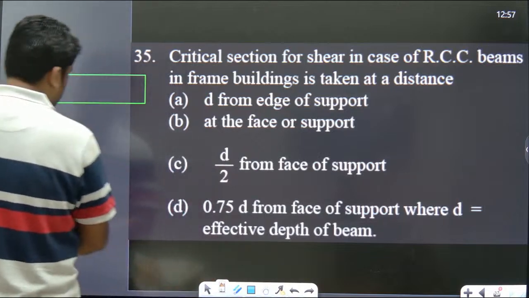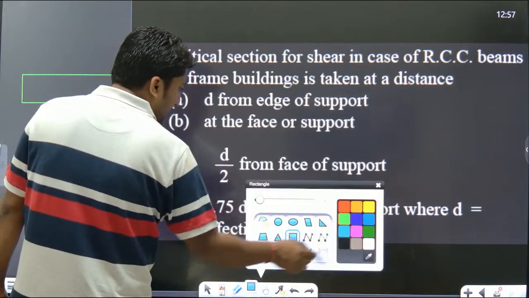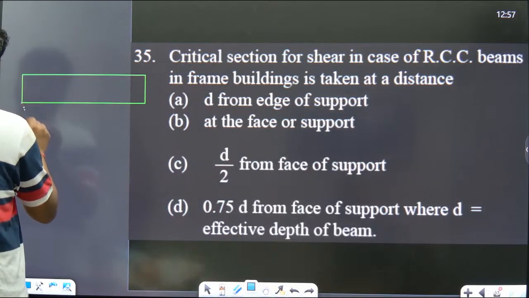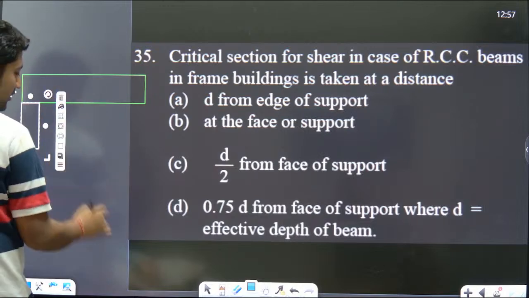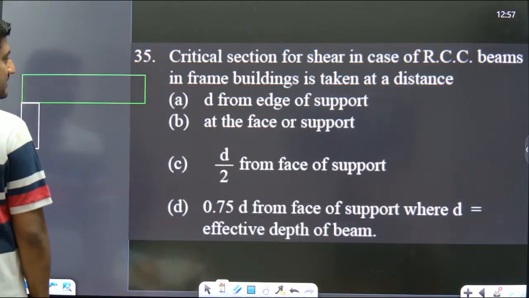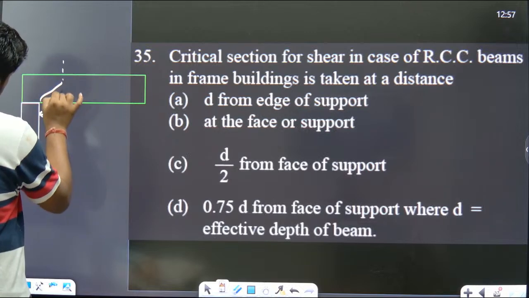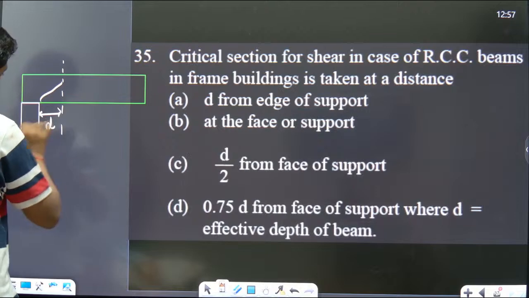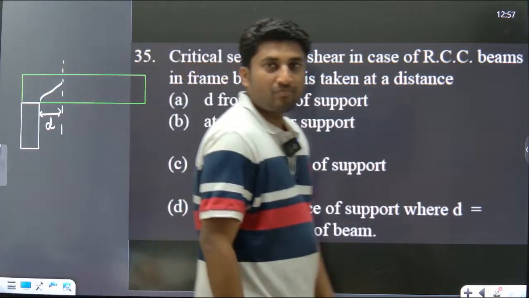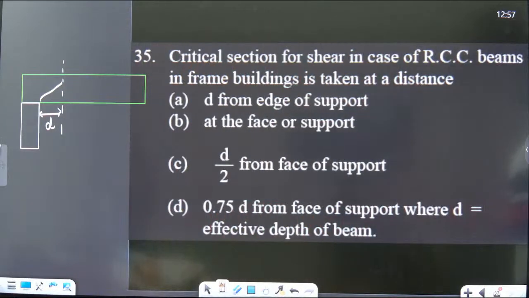Let us suppose this is the support. The crack will develop from the face of the support to the D. What will be the correct answer? This is given in the IS code. So, what is the critical section?